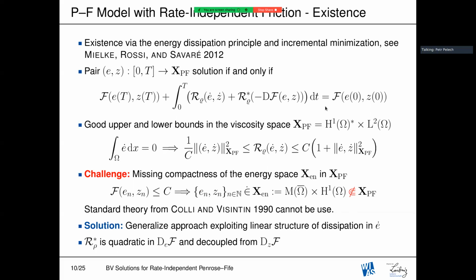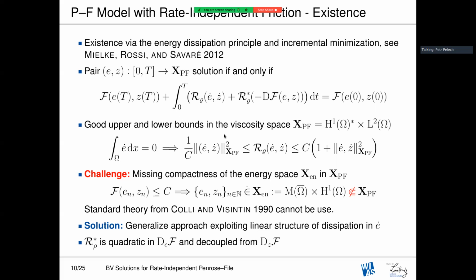It's just a scalar equation. That's why it's easier to treat. And the solution of the problem satisfies this relation: the energy at the beginning equals the energy at the final time plus the dissipated energy along the way.